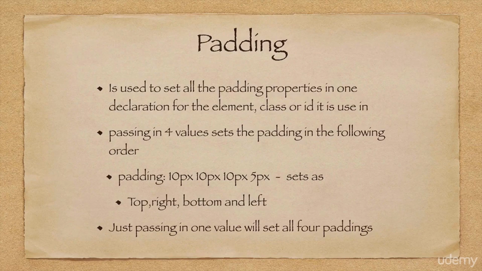If you just pass in one value, then it sets all 4 of the values to that one value. So if you said just padding 10, top, right, bottom, and left would all be set to 10. Now there are some other variations, but why don't you go and check those out for yourself? There's plenty of resources on the web, but I recommend W3 Schools because it's a great place.